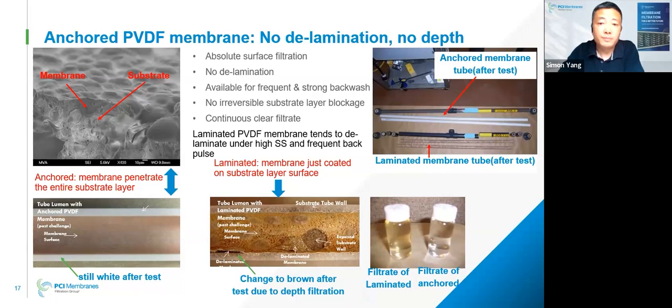But on the other hand, if you see the TMF, you can see there's no delamination, and the cross section of the tube is still white in color, which means no depth filtration.